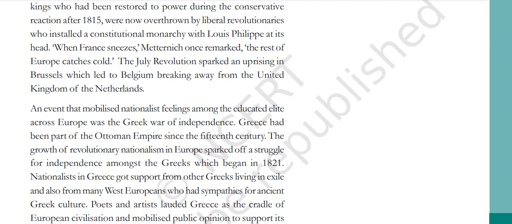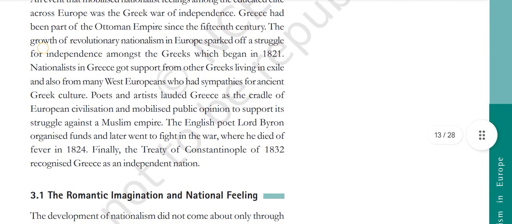Nationalists in Greece got support from other Greeks living in exile and also from many West Europeans who had sympathies for ancient Greek culture. Poets and artists lauded Greece as the cradle of European civilization and mobilized public opinion to support its struggle against a Muslim empire.